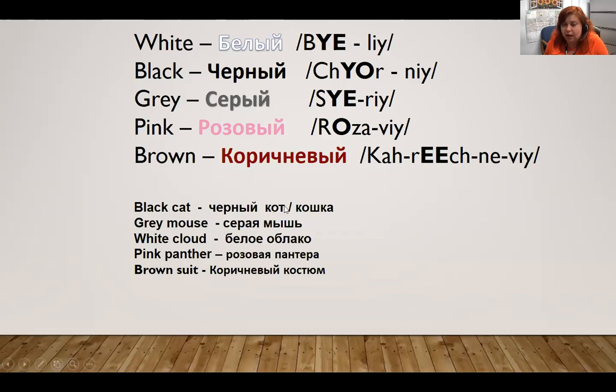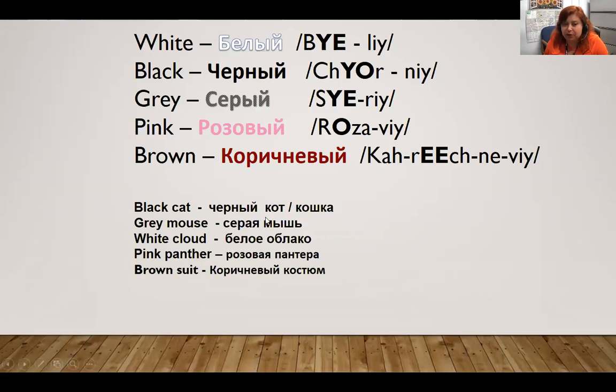Кот ends in a consonant. Кошка ends in a vowel. The words that end in a consonant are masculine, and the words that end in a or ya in most cases are feminine. So we'll say черный кот, but черная кошка.